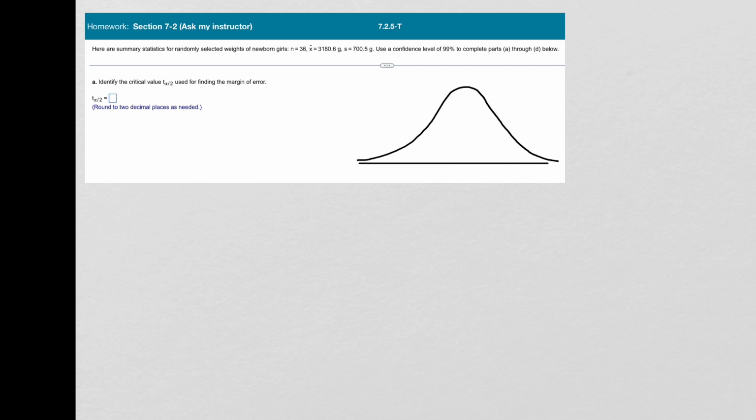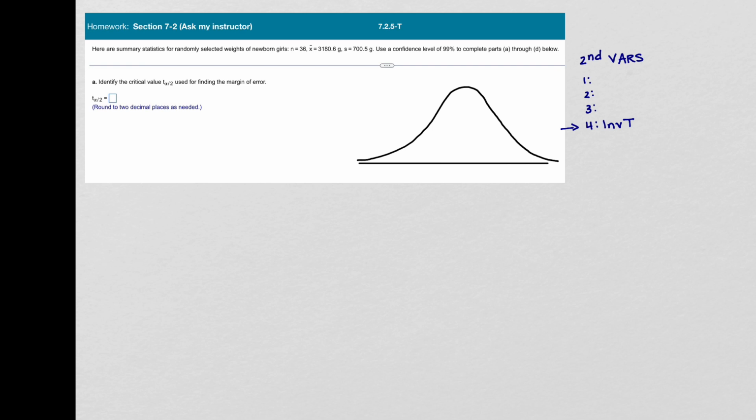So what I'm looking for is I'm going to press second and variables, and the fourth choice. Hopefully, this is going to be the easiest way to do this, is to find the inverse t function. So let's assume for the moment that you have that, and if you don't, you may want to skip ahead to where we look at the table.